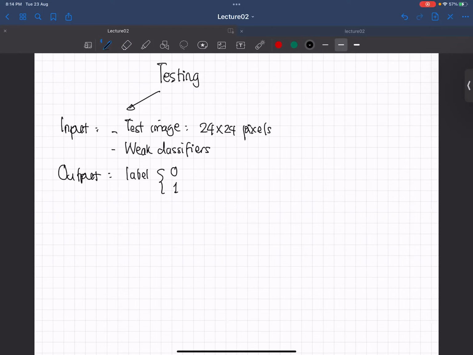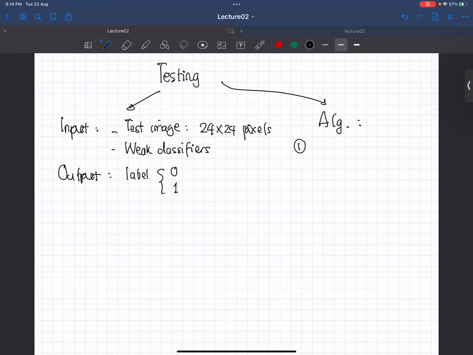Okay, so in this case, if you have to develop the algorithm for the testing stage, what will be the process in the algorithm, in the first step?